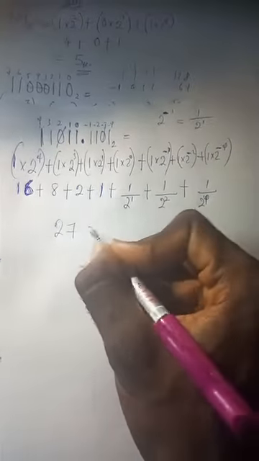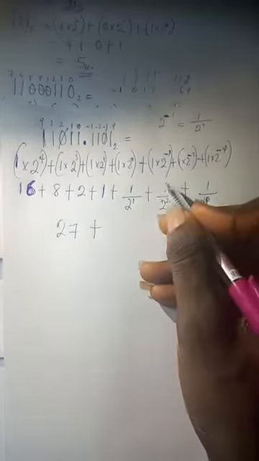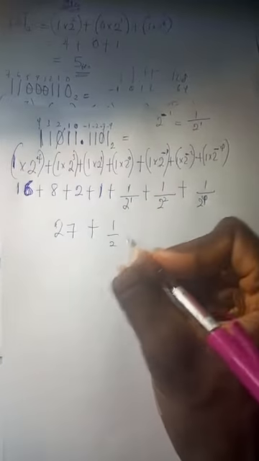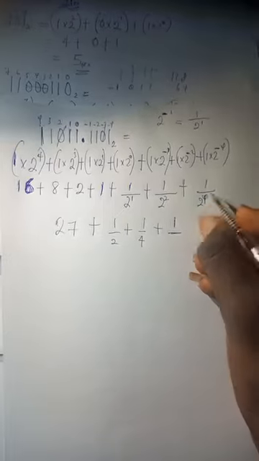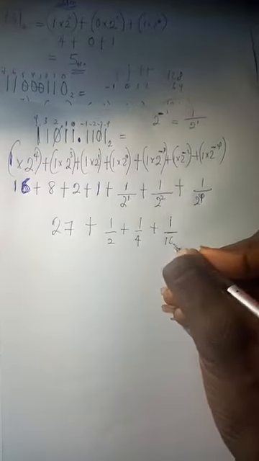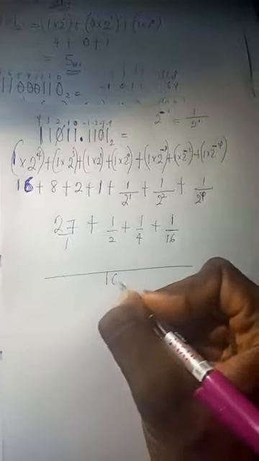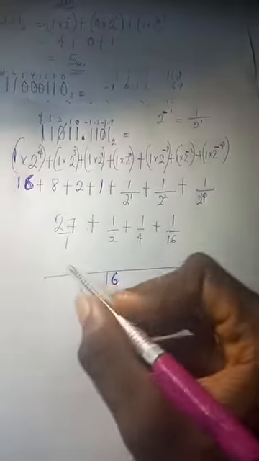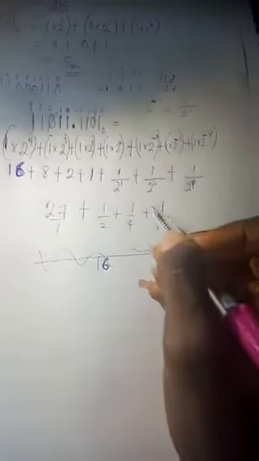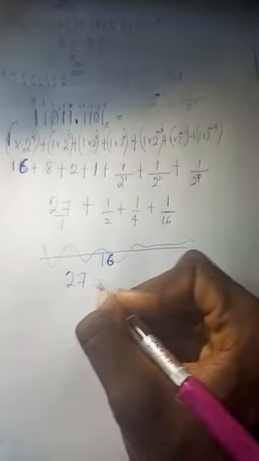So that's 27 plus 1 over 2 plus 1 over 4 plus 1 over, this is 2 to the power of 4, that is 16. When you find the LCM, you want 16. It's not going to make sense if you do it this way. No. That will just be 27 plus.